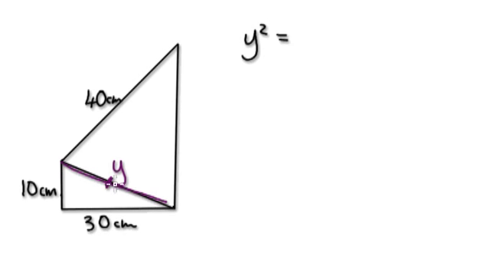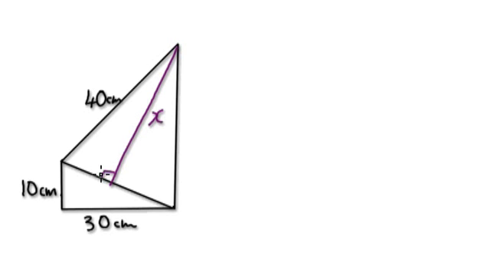Remember, we will need half of y later on because we're going to split up like this. This is our x. We're trying to work out x. But in order to work out x, we need to know this distance here, so we've got to find out y first. And y represents the whole length here.